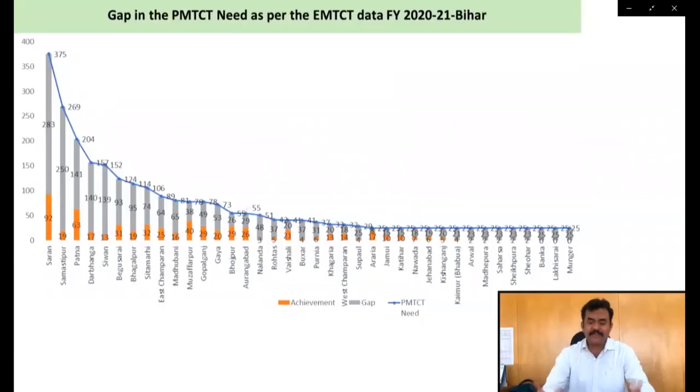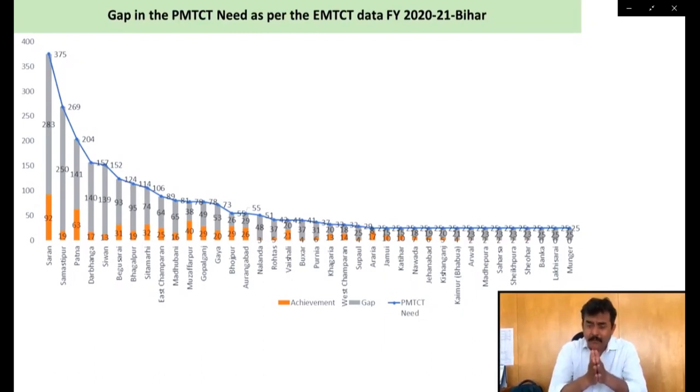In the current slide, you see the gap of PMTCT need in Bihar. EMTCT, today we are not going too much into it. Madam has already highlighted that we propose a few strategies to bridge the gap in EMTCT also and reach all the positive pregnant women.